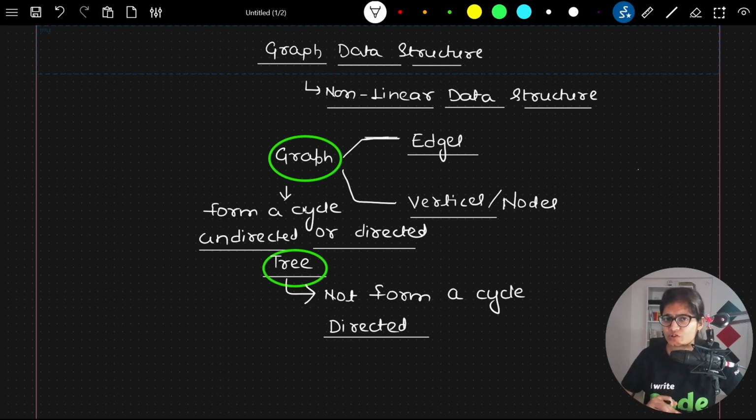What are the applications where we use graphs? Any idea in real life? We use it almost everywhere nowadays. Let me tell you. In social media, everyone has their Insta ID, their LinkedIn ID, their Facebook ID.